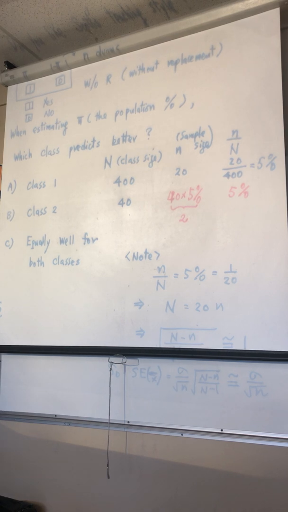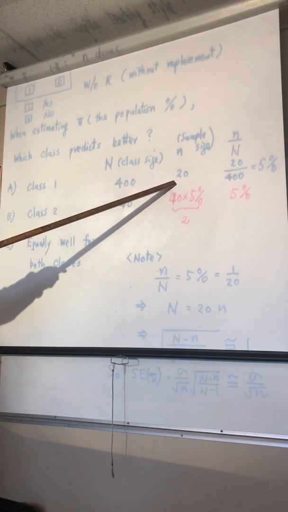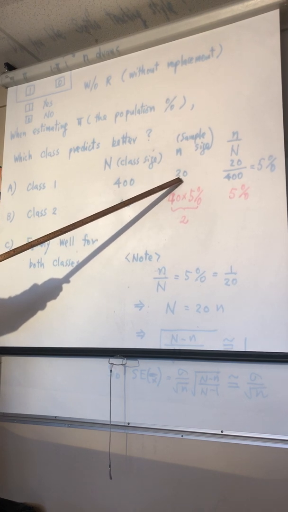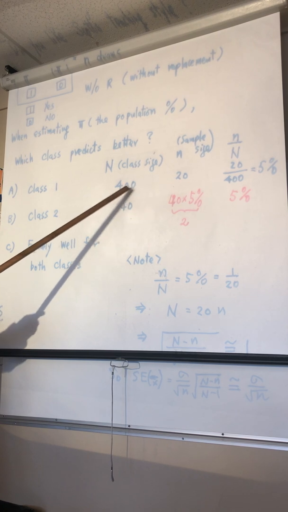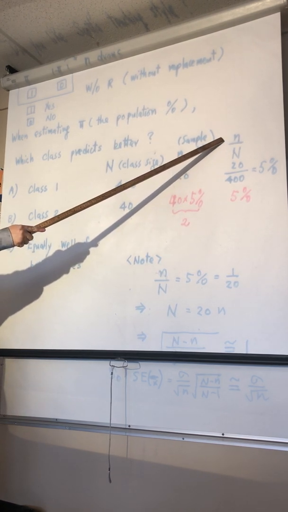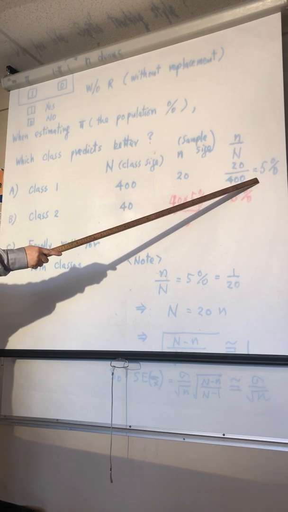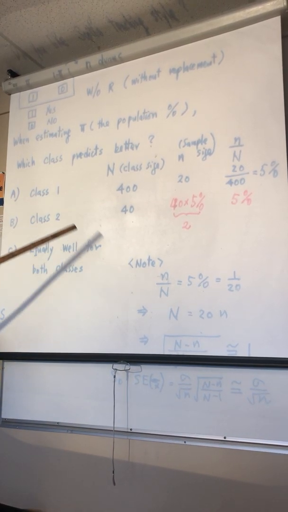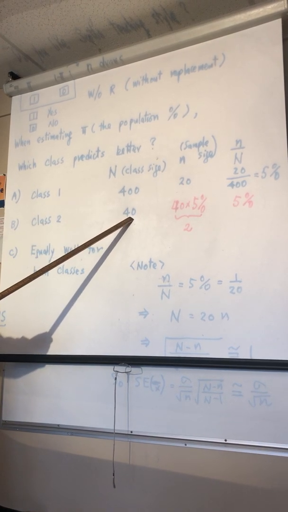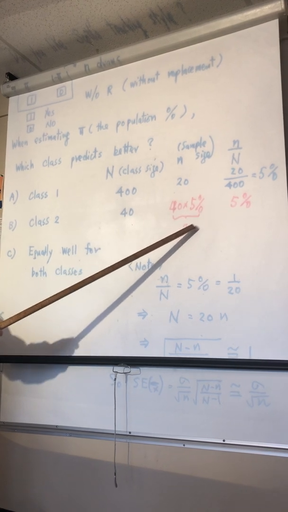Most people, if they never learn statistics, say, okay, from the bigger class I randomly select 20 people. My simple random sample size is 20, and 20 over 400, sample size over population size, is 5%. To get the same accuracy in the smaller class of 40 students, I should also take 5%, and 40 times 5% is 2.